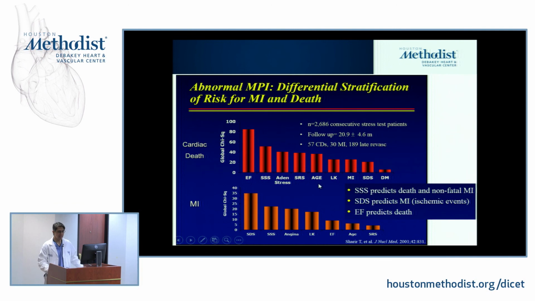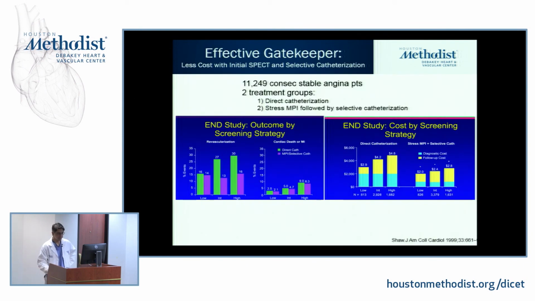And then finally, a slide I think is important for you to know is that cardiac death really is dictated by your ejection fraction in all the nuclear studies, whereas your risk of MI is dictated by the amount of jeopardized myocardium you have, or your summed difference score, or in other words, how much ischemia you have present. So ischemia correlates to MI, EF correlates to death. It's the most important message.